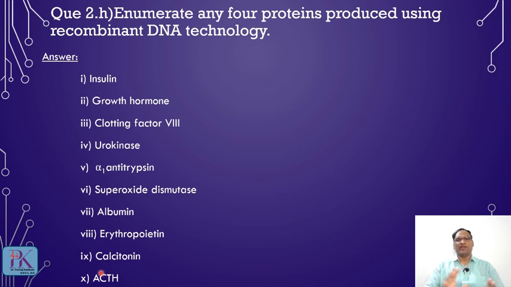Start from the very common one, that is insulin. When you read about recombinant DNA technology in any textbook, the first example is always insulin. By default it is remembered by almost 90% of students. Then there are other examples of proteins produced by recombinant DNA technology: growth hormone, clotting factor 8, urokinase, alpha 1 antitrypsin, superoxide dismutase, albumin, erythropoietin, calcitonin, and ACTH.